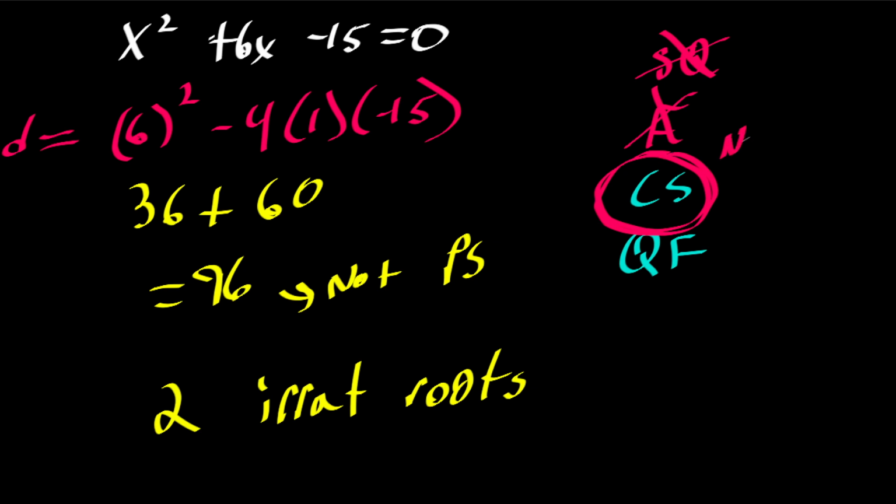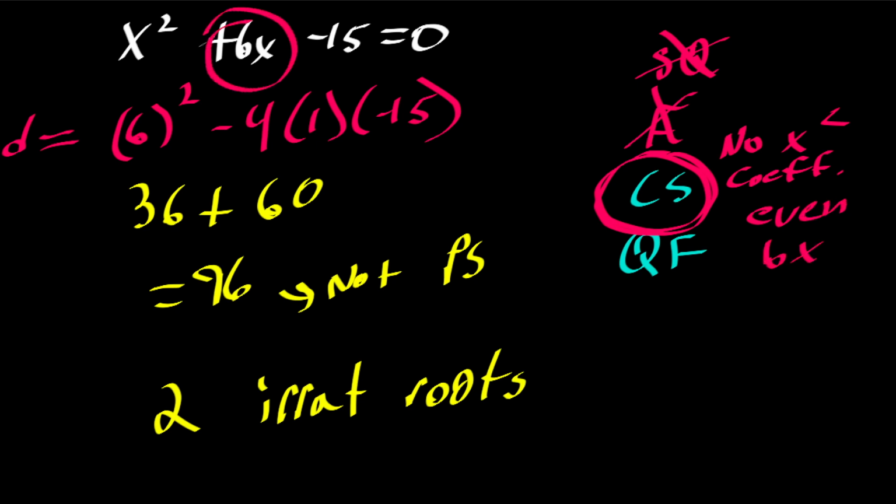For completing the square, we want no x squared coefficient. And if you notice, there's no x squared coefficient here. We know it's 1, but let's just say there's not one there. Then the next thing is we want an even bx term. And 6x would give me an even bx term. So I would use completing the square for this problem.